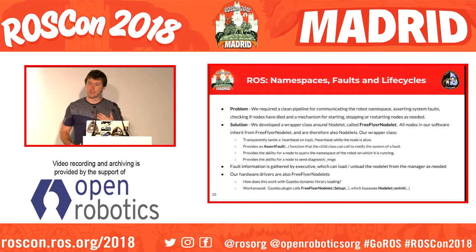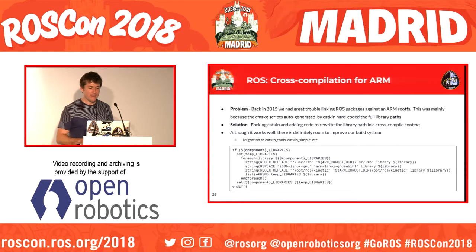And there was a bit of a challenge with FreeFlyer nodelet in a Gazebo context. You have to work out where the process is actually run. So we kind of bypass it with the setup function. I'm not going to go into details for the sake of time.